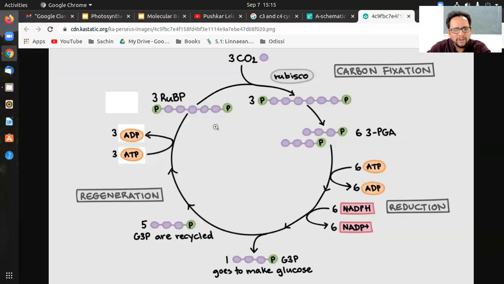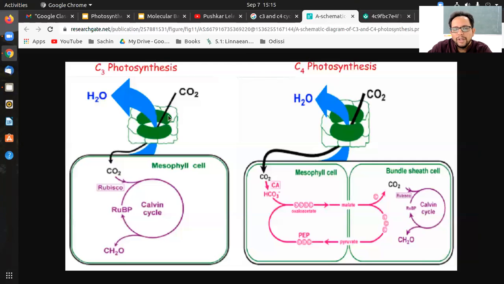Again we need not go into the technicalities of it, but the precursor in between is a 3-carbon compound. So in this C3 plant, this reaction of the Calvin cycle happens with the help of a C3 carbon. That's why this photosynthesis is called C3 photosynthesis, and that's why the plants are called C3 plants.